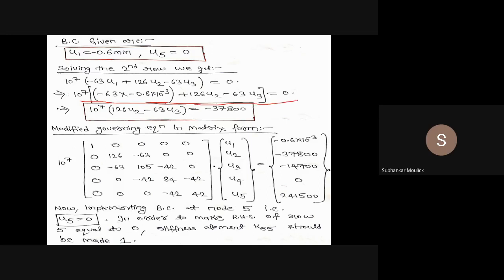Just multiply 10 to the power 7 with this particular term and then bring this term to RHS. The final equation becomes 10 to the power 7 into 126 u2 minus 63 u3 equal to minus 37,800, which is nothing but this value has been changed. Now it is minus 37,800.